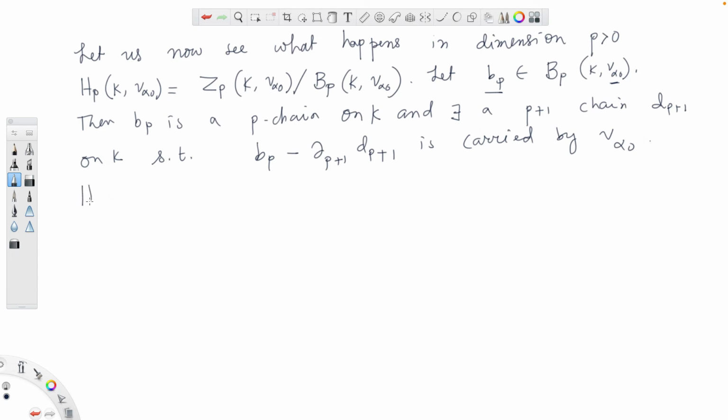Okay, here p is greater than or equal to 1, right? So bp minus del p plus 1 dp plus 1 is a p chain on K, right?